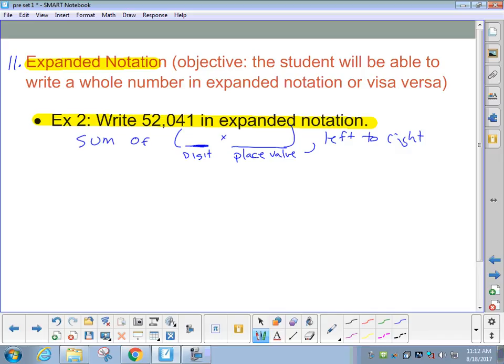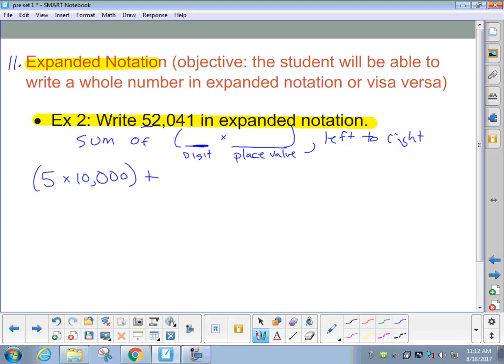So that 5, what place value is it? 10 thousandths, okay? So isn't the value of that 10,000, 5 of them? So you could say that the value of that is 5 10 thousandths, or 10,000 5 times. Now I'm going to take that value and add to it all the other stuff.